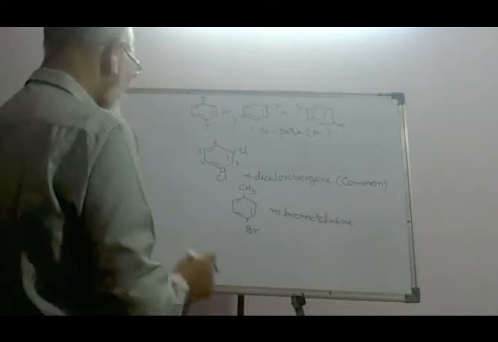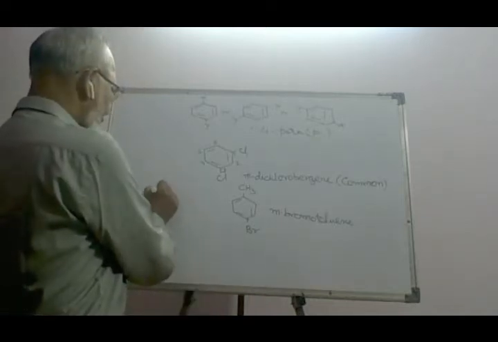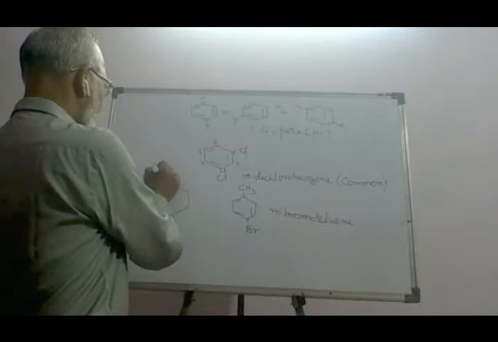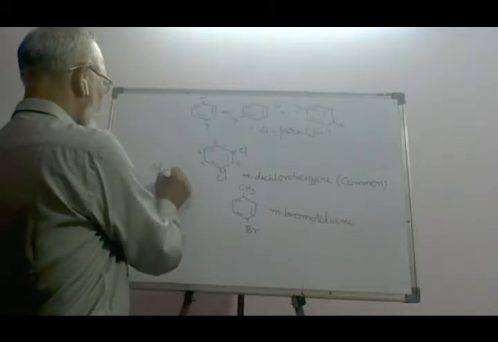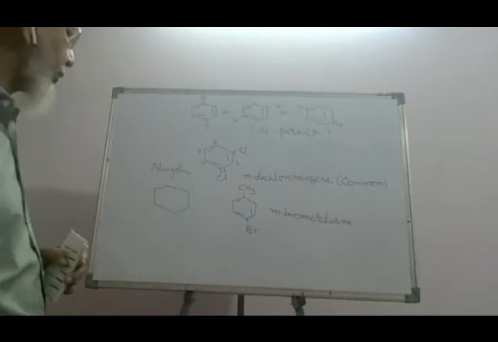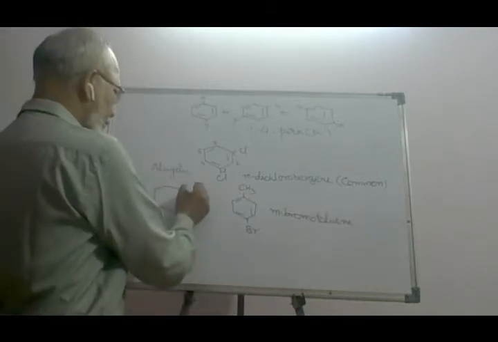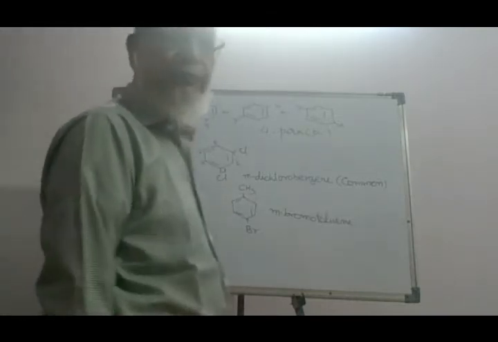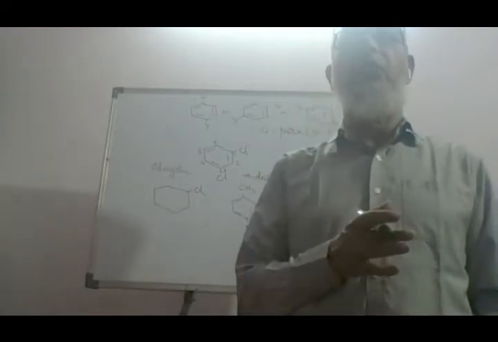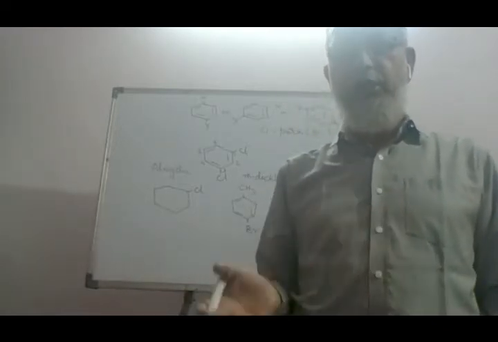Now let us take the case of an alicyclic compound. This is your alicyclic, which does not contain a benzene nucleus but is cyclic in nature. And suppose some group is attached here, like Cl. Then in alicyclic, first we name the alkyl group in the common naming system, and then the name of the halogen or the group which is attached.